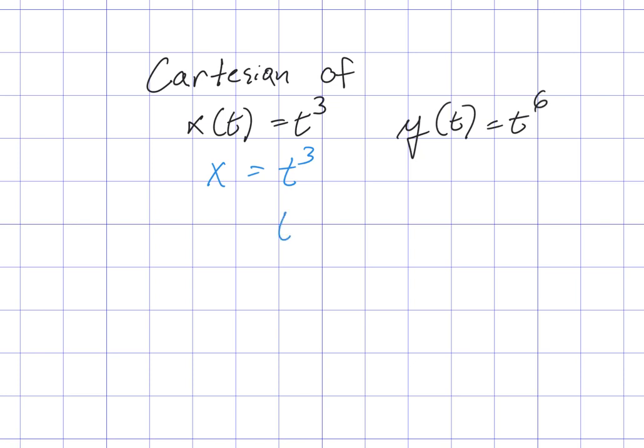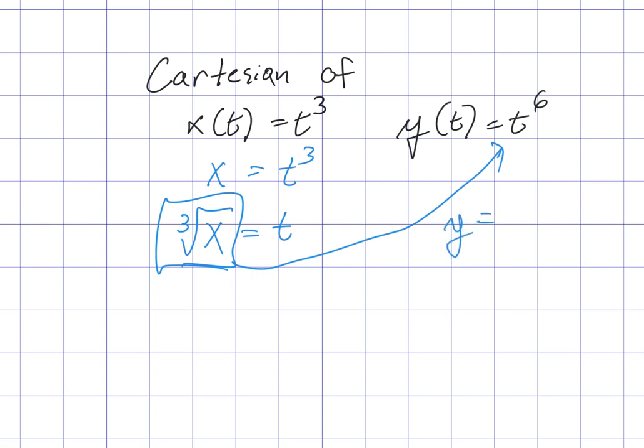So my t is equal to the cube root of x. I just took the cube root of each side. Well, if I can do that, then I can swap it into there in replace of t. So I'd have y equals the cube root of x to the 6th power.